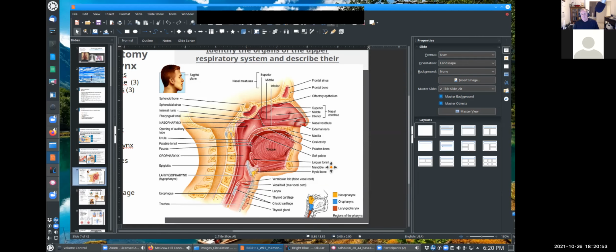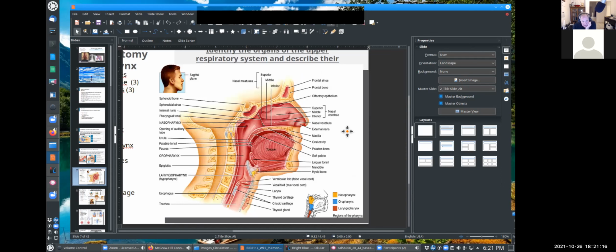Nobody will ask you for really sharp dividing lines. It should be pretty clear. If it's right behind the larynx, it's going to be laryngopharynx. If it's right behind the nose, it's going to be nasopharynx, and right behind the mouth, behind the tongue, oropharynx. Okay, that's pretty simple.